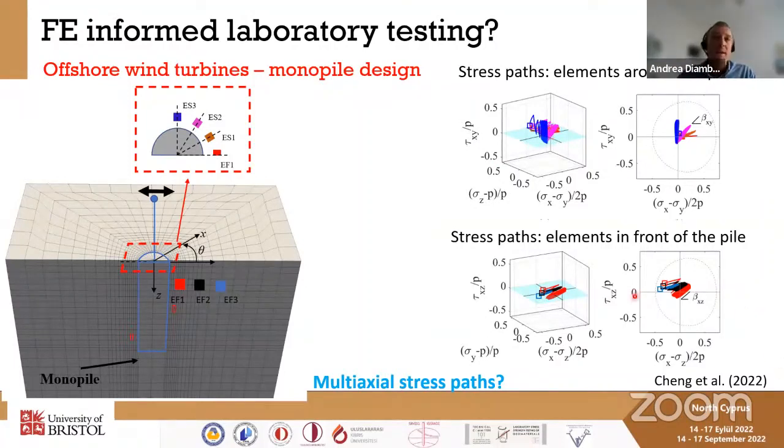And this is some work that has been only partially published, but we'll publish more widely very soon. And you can see, for example, for this element here, EF1, the best condition is basically to do a hollow cylinder test that is cycling at an initial condition that is not isotropic and then at a certain orientation.